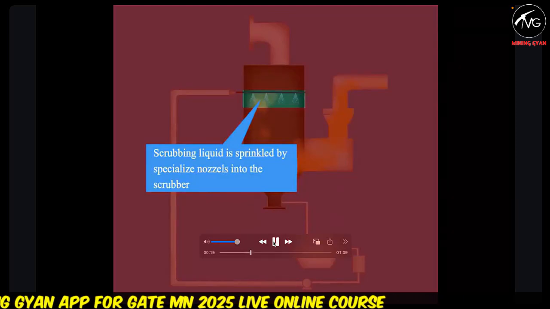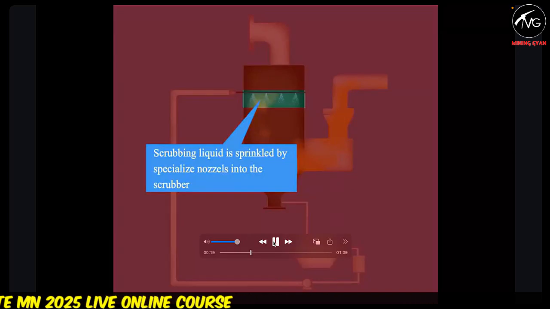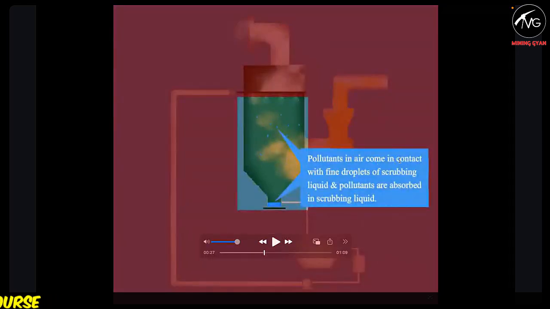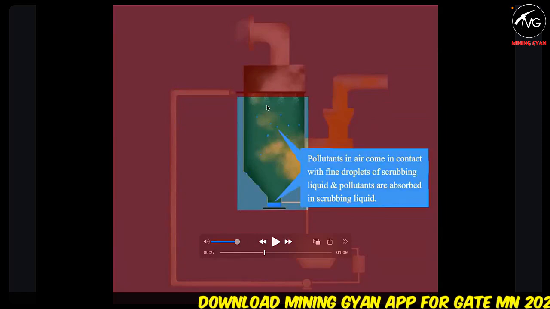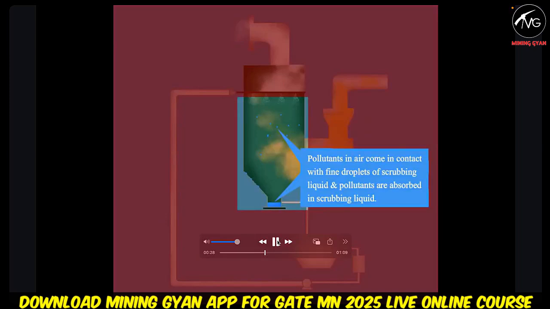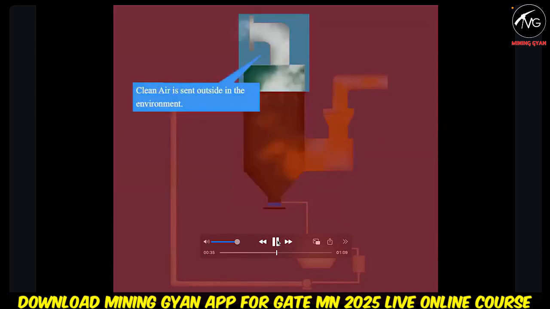The polluted air comes into contact with fine droplets of the scrubber liquid, and pollutants are absorbed in the scrubber liquid. When you spray the liquid, the dust particles react with the drops, and they fall down and pure air goes on the top. We can release clean air from the top.